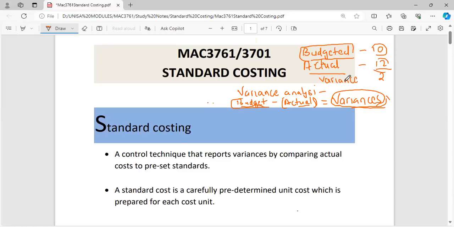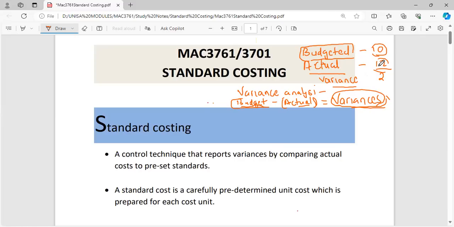So when we are doing standard costing, I want you to look at the question. Is it a cost variance or a sales variance? There is a bit of a difference when it comes to the adverse and the favorable variance. Because if it is a cost variance, for it to be favorable, we expect what we budgeted to be more than the actual.